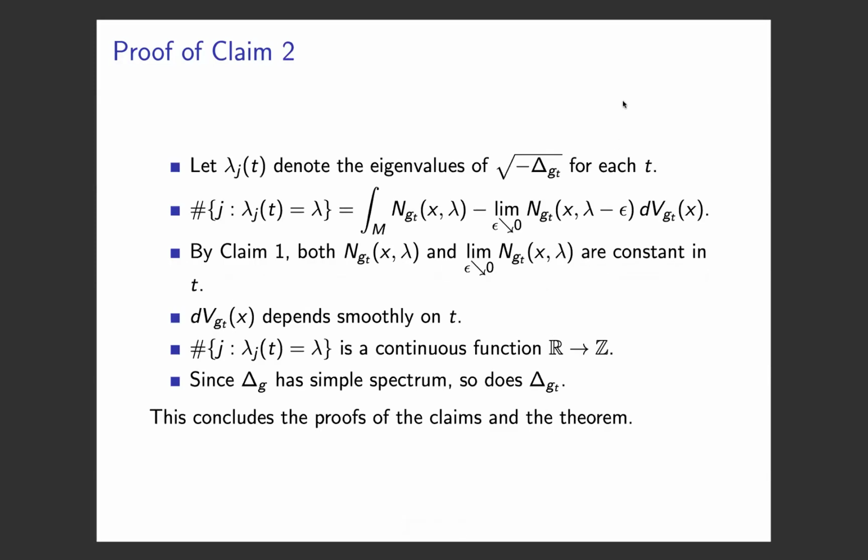To prove claim 2, this has to do with the fact that a continuous function into the integers is constant. So let lambda j of t denote the eigenvalues of the square root of the negative Laplace-Beltrami operator with respect to metric gt.